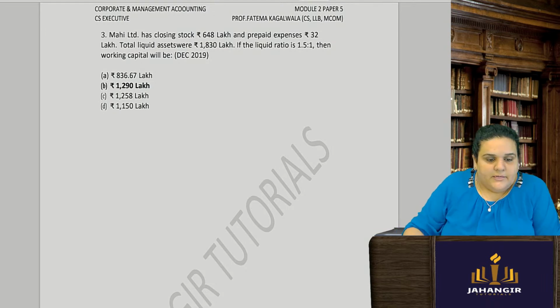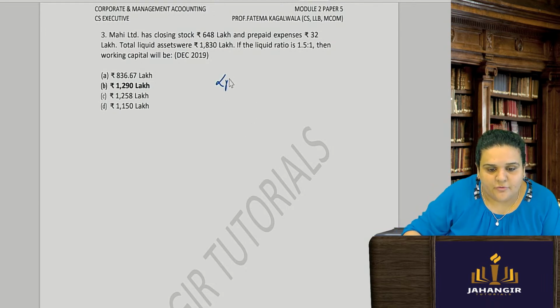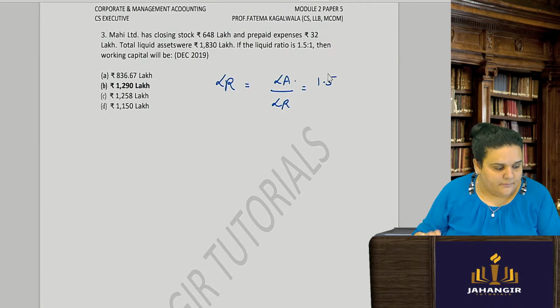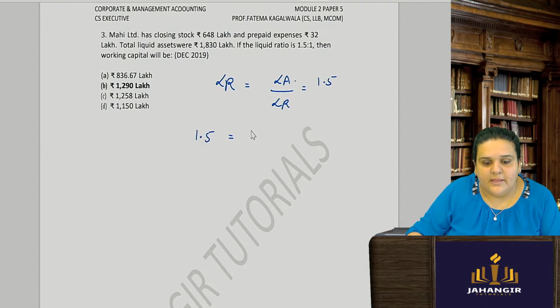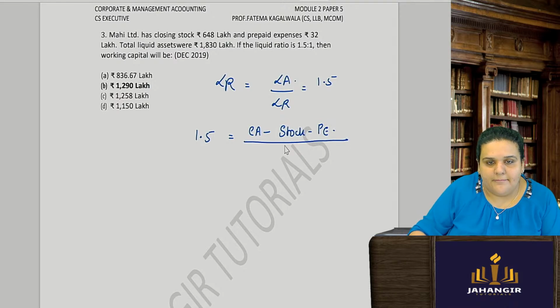Now they are telling me the liquid ratio, which is liquid assets upon liquid liabilities, is equal to 1.5:1. Fine. Now I know my formula. Liquid ratio is 1.5. Liquid asset is what?